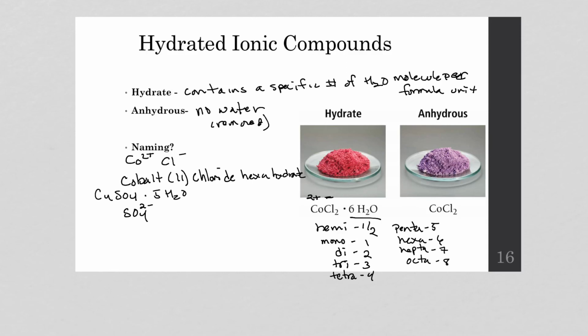So we know the copper, because it is 1-to-1, has to be copper 2+. So now we have the charge on the copper, so we can now name it. So we have copper 2 sulfate, and then 5 waters, pentahydrate, would be the name.